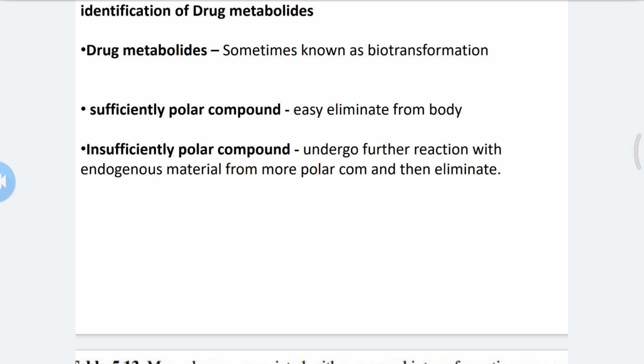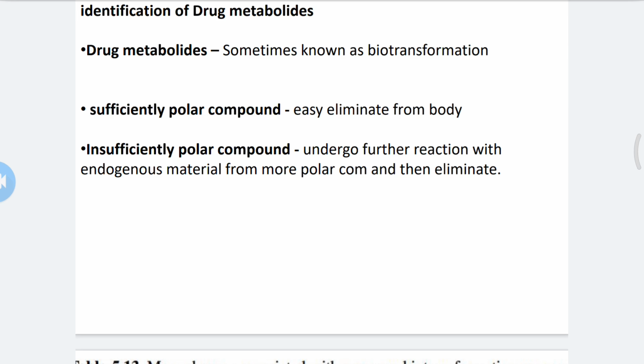Okay, first interface APCI is used for less polar compounds, and these are called phase one metabolites. And second is ESI for more polar compounds, phase two metabolites.